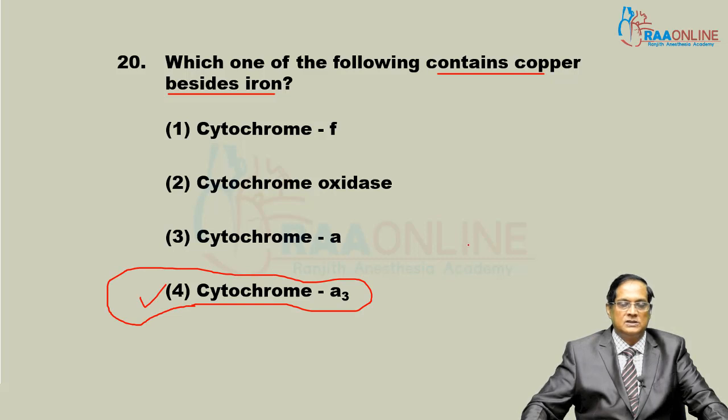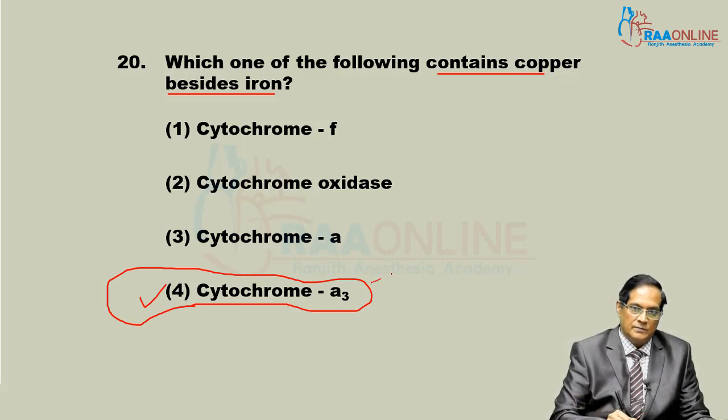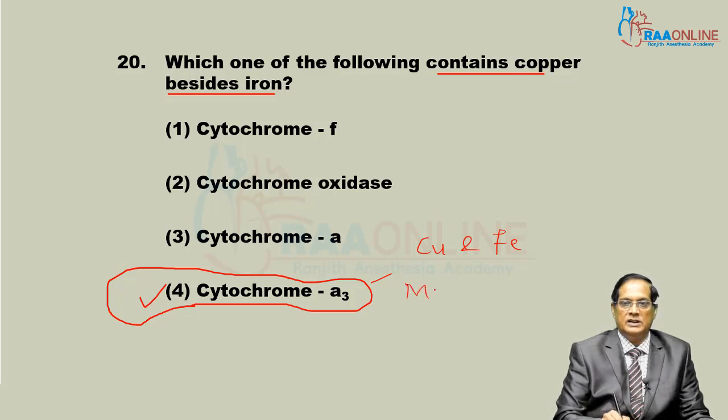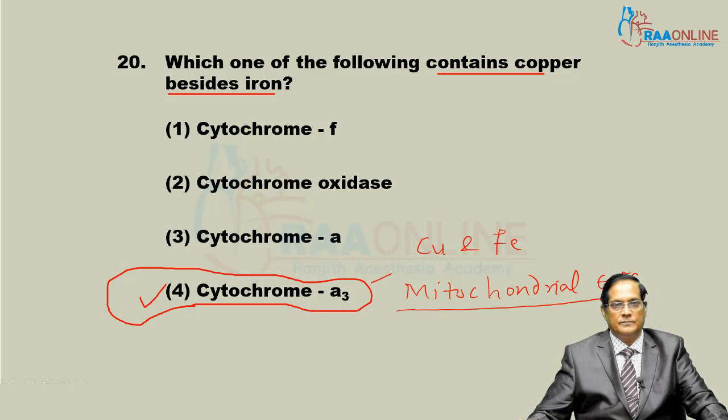Cytochrome a3 is found in the mitochondrial electron transport system. It has copper as well as iron.